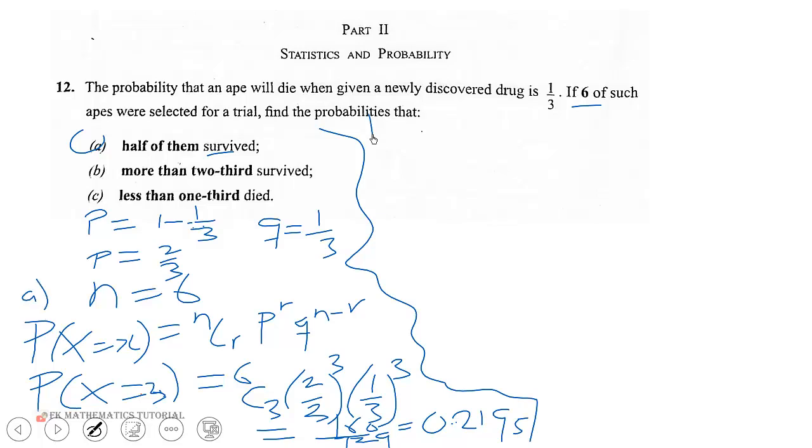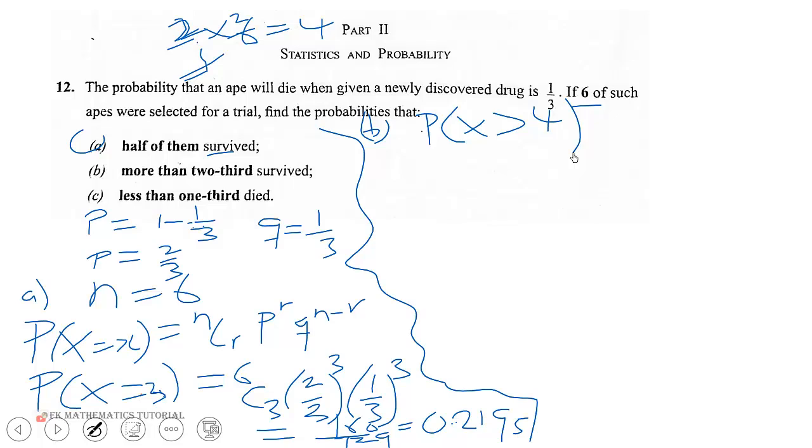Now B aspect. More than 2/3 survived. So 2/3 of 6 is equal to 2 times 2, which is 4. So you're finding the probability that X is greater than 4. So 6 are selected, X greater than 4.